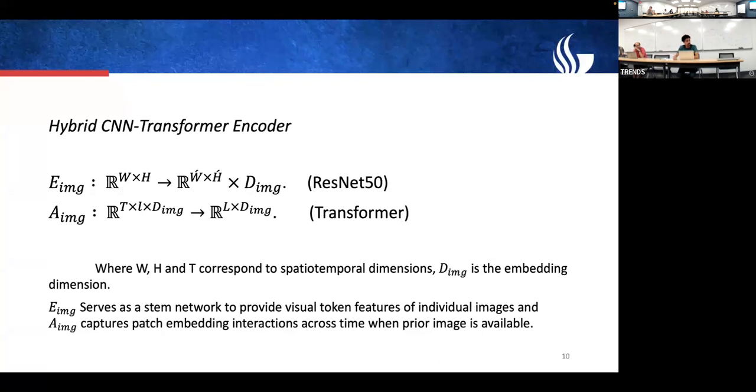For example, they have used ResNet-50 to get embeddings, and then A_MH is where they have used a transformer to apply cross attention. E_MH serves as a stem network to provide visual token features of individual images. And A_MH captures embedding changes across time when the prior image is available.